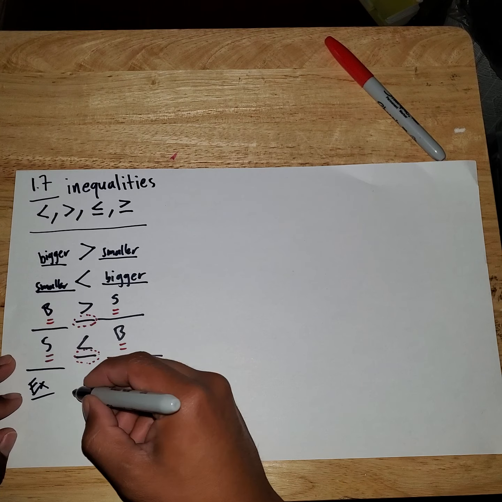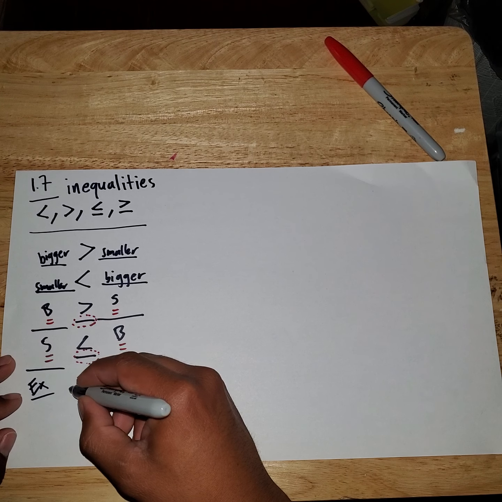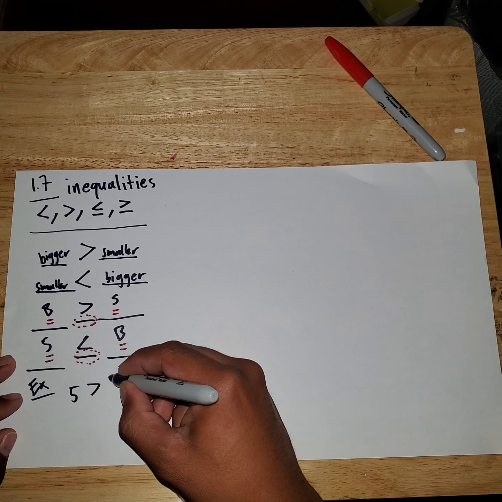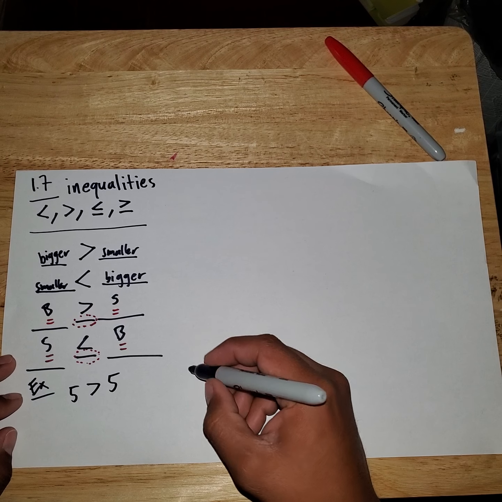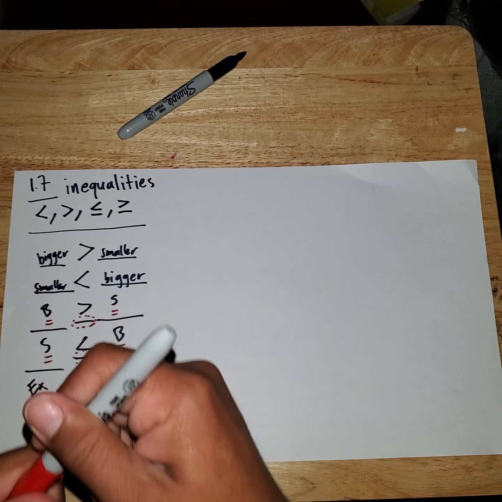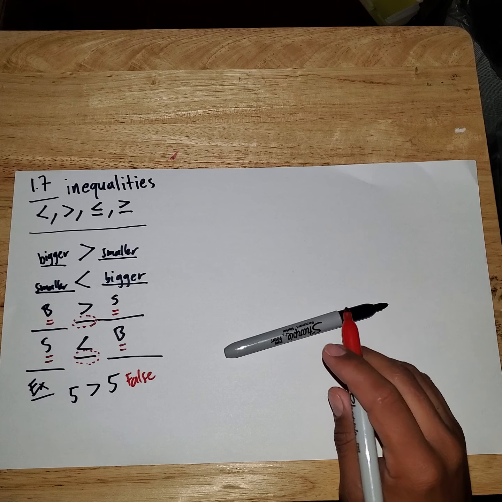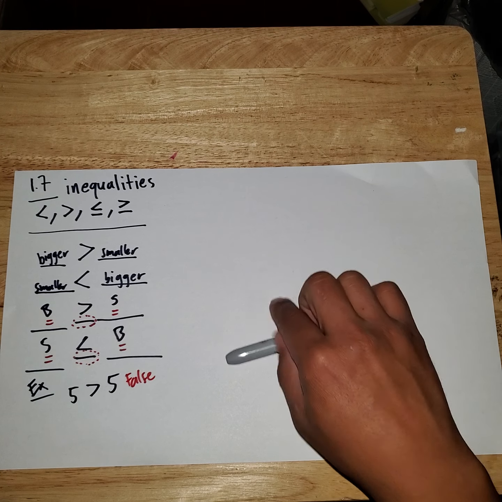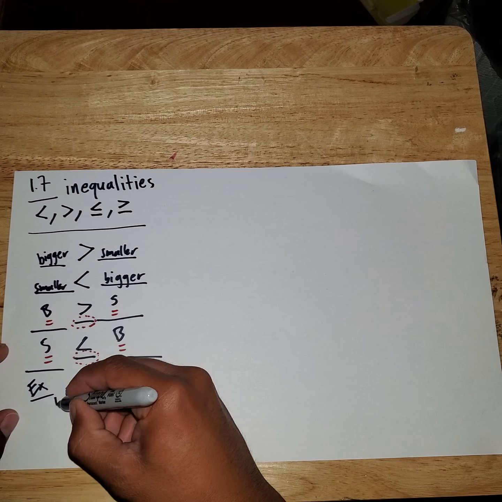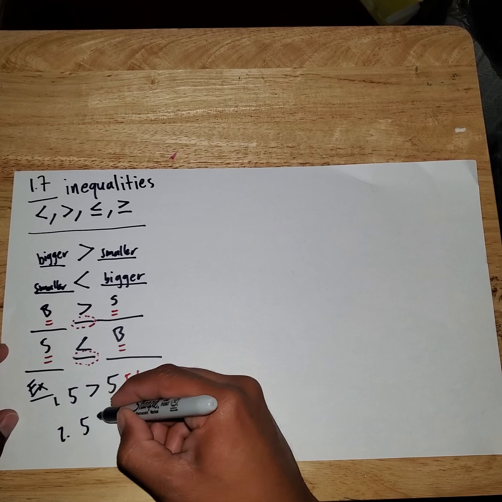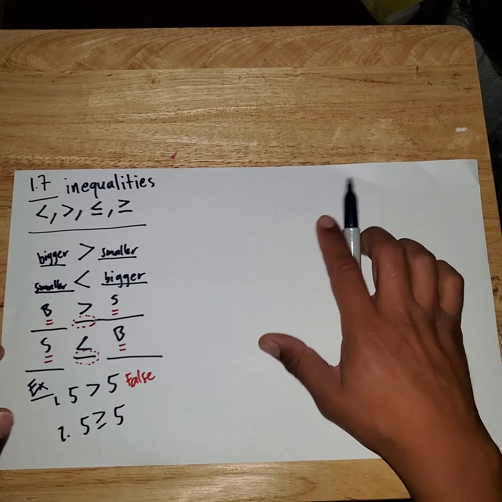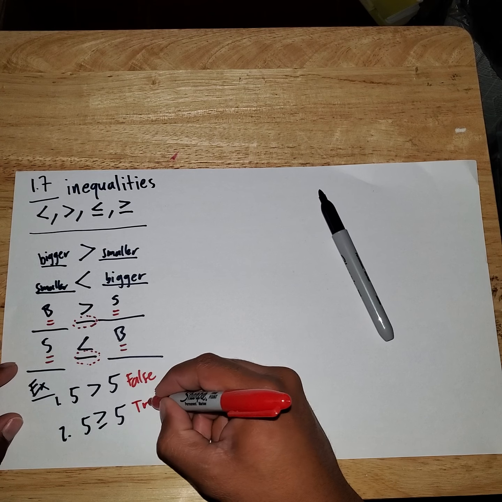this here, let's say 5 greater than 5. That is definitely false. 5 is not greater than 5. But let's say example 1, example 2. This is true.